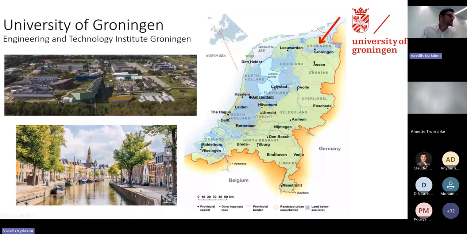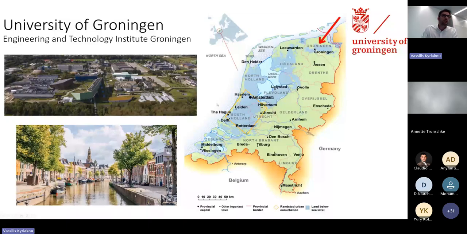This is the picture of the Zernike campus, the newest campus. We are located in the Feringa building, which is here. This is a model, but now it has been almost finalized. It's a beautiful city and a big university of around 40,000 students, and a great city to study. So for the students attending, it could be a good opportunity for your next steps.